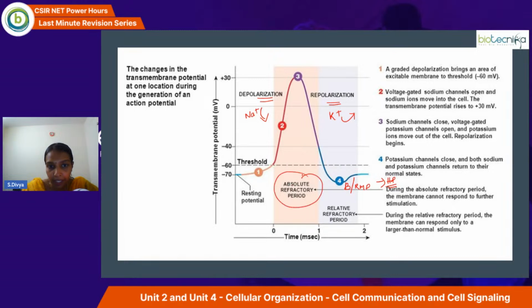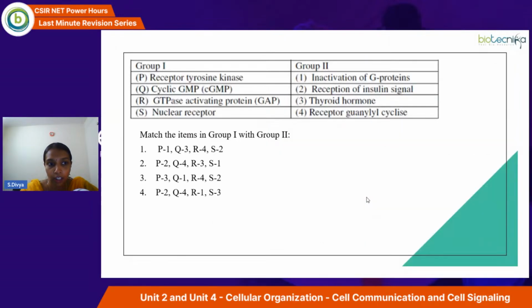In the absolute refractory period, if you try to disturb the action potential before completion, it won't start. Relative refractory period means you are giving a stronger stimulus after the completion of the first stimulus. The action potential and resting membrane potential are clear to all of you, I hope. The question which I asked you was a last year question.